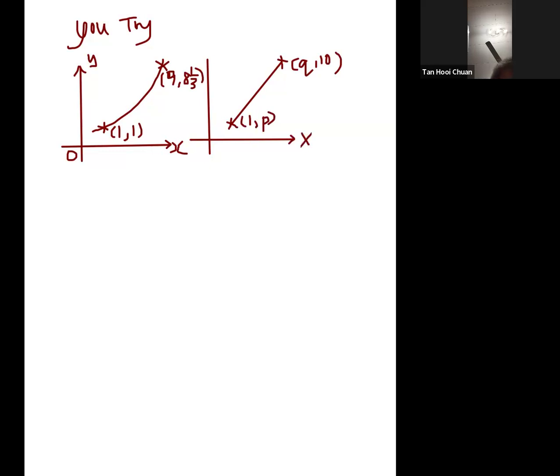Grade X and grade Y. Okay, so Y equals h root X plus k over root X. For this question, they want you to find h and k.